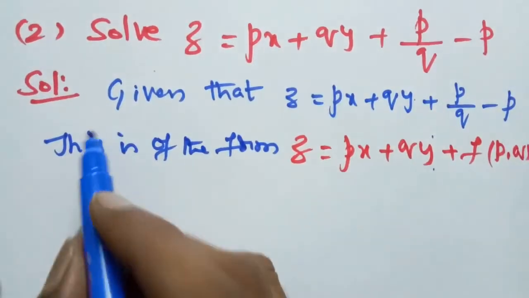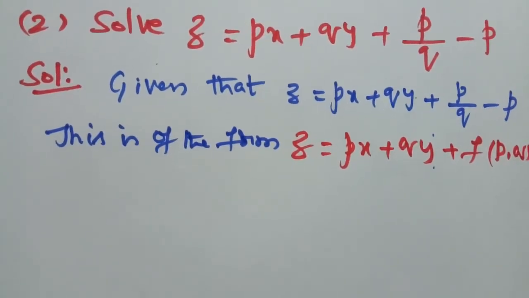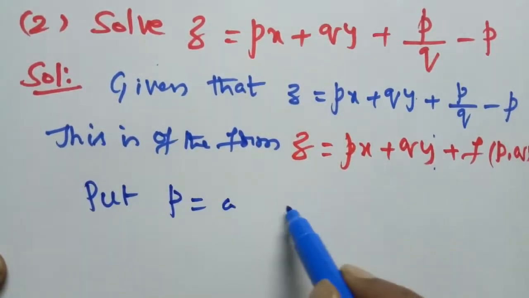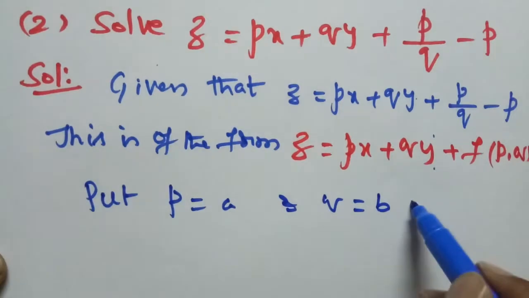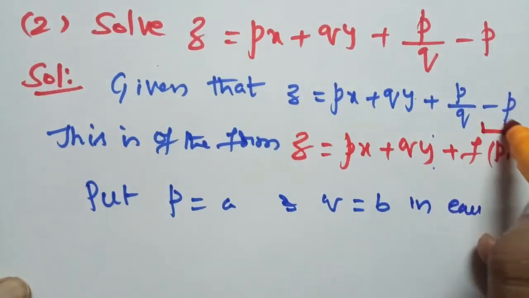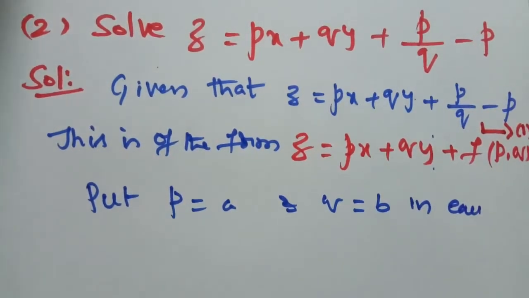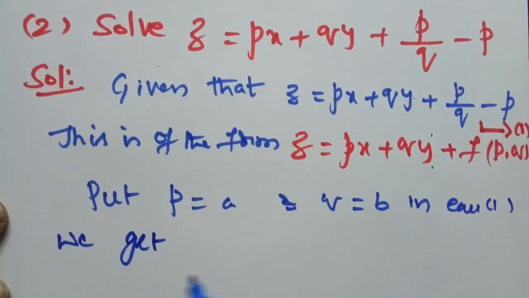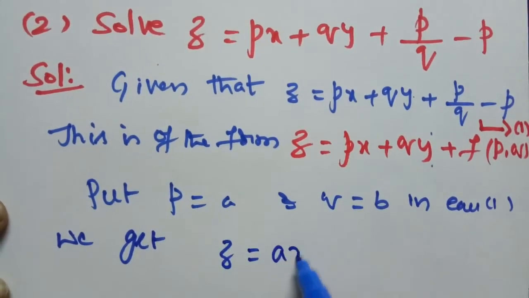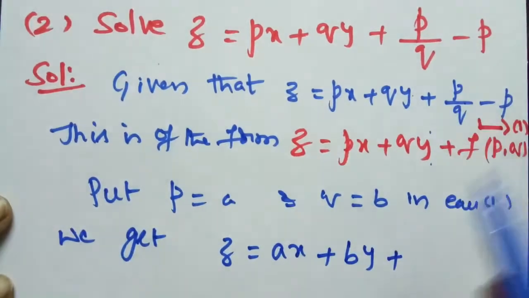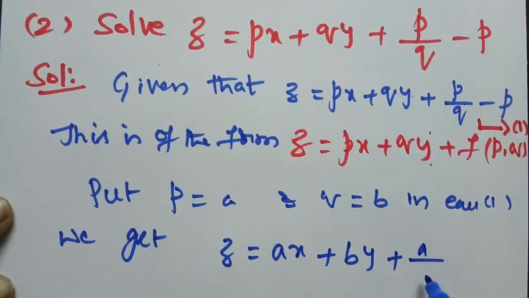Therefore, in this type of problems, to find the solution, you just put p equal to a and q is equal to b in equation 1. We get z is equal to a into x plus b into y plus a by b minus a.